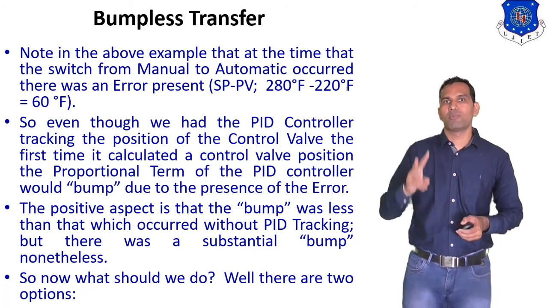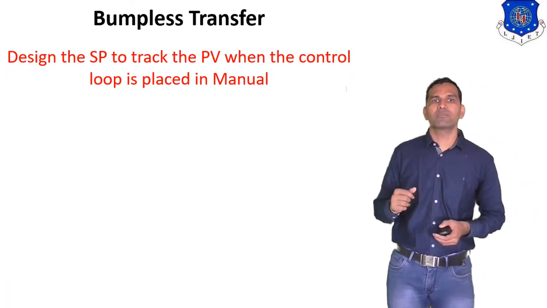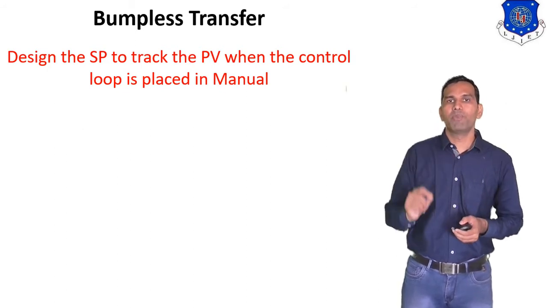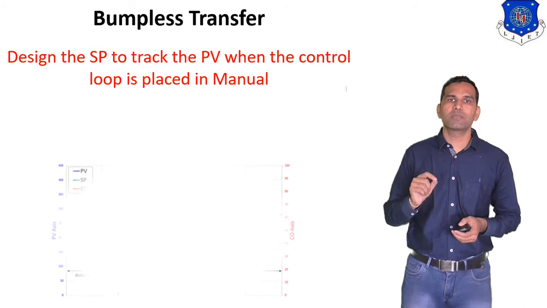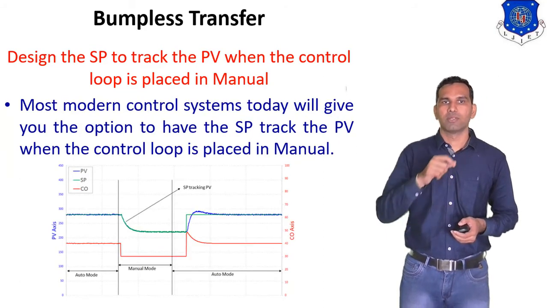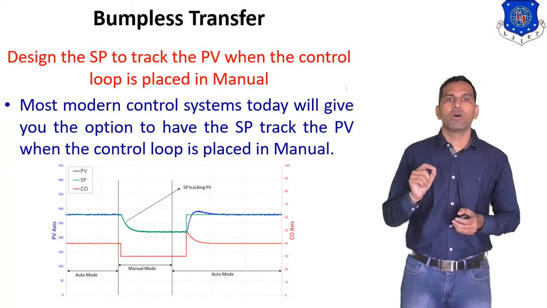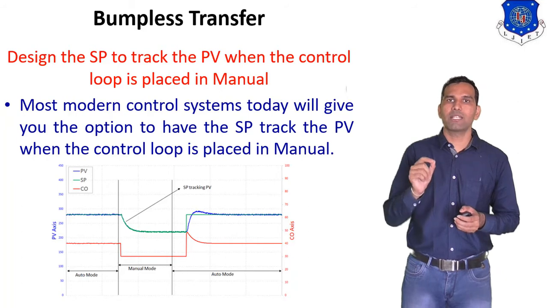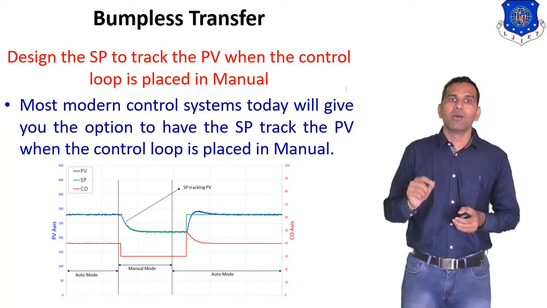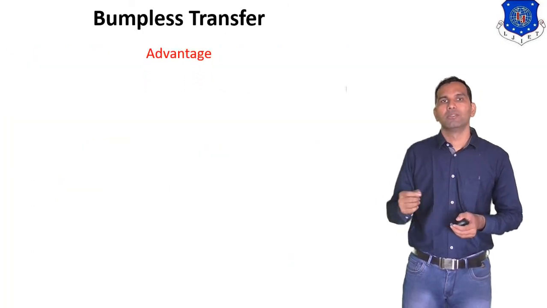So now what should we do? Well, there are two options to control this bump. The first one is to design the set point to track the PV when the control loop is placed in manual. Most modern control systems today will give you the option to have the SP, that is the set point, track the PV when the control loop is placed in manual.